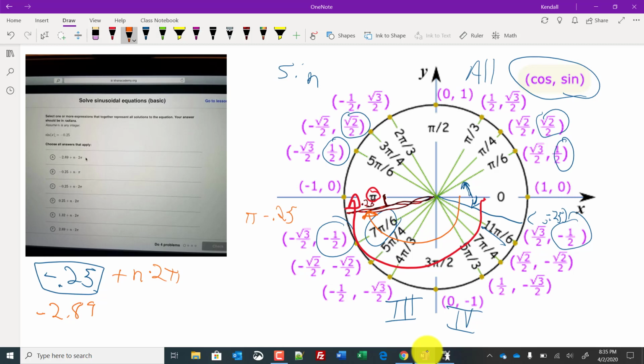If n is 7, I'm at negative 0.25 plus 7 times 2 pi. So that gives us a whole family of answers. By the same token, for negative 2.89, I can add n times 2 pi to it, and all of those answers are going to be true as well.